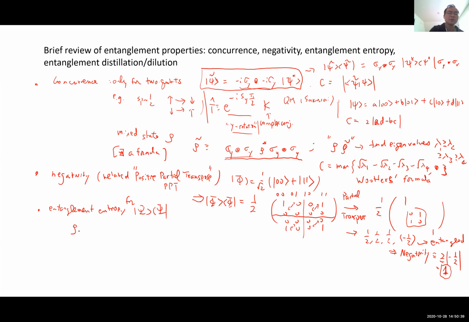You would separate into two parts by partition, say A and B, and you have to trace out B. We talked about how you trace over the B part. And so the entanglement entropy is the von Neumann entropy of this density matrix. So that's minus trace rho A log rho A.